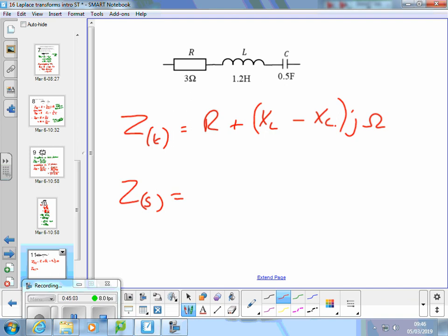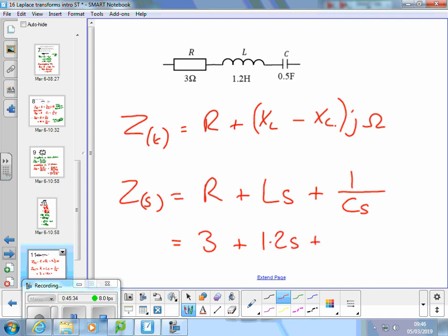I want to be careful with that. So in the S domain, it is R plus LS plus 1 over CS. In this case, it is 3 plus 1.2s plus 1 over 0.5s.